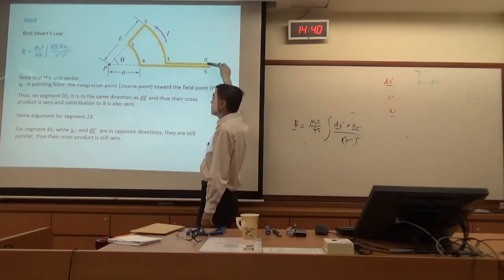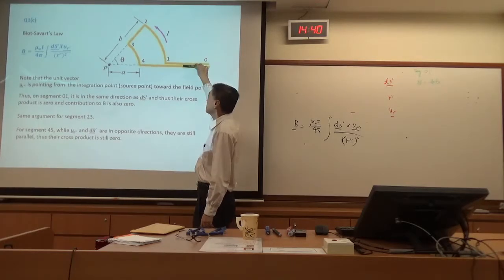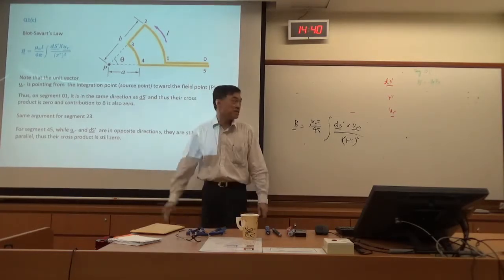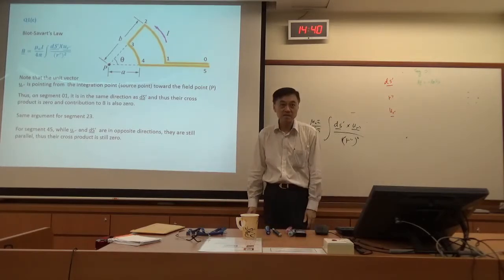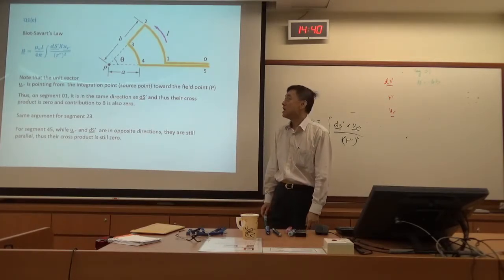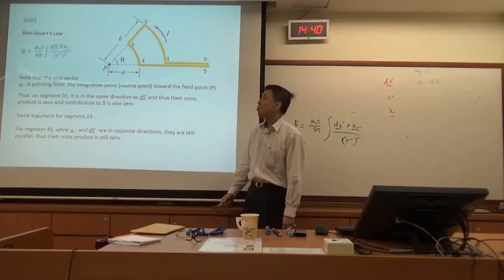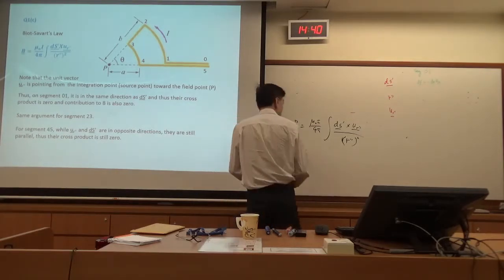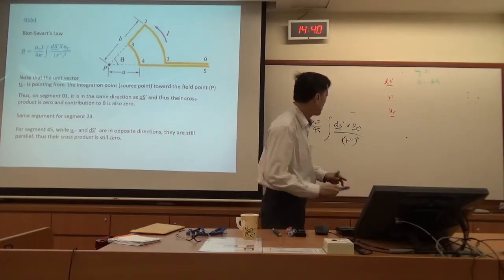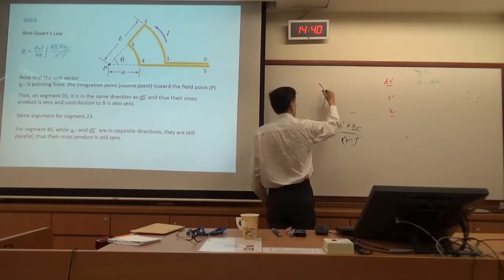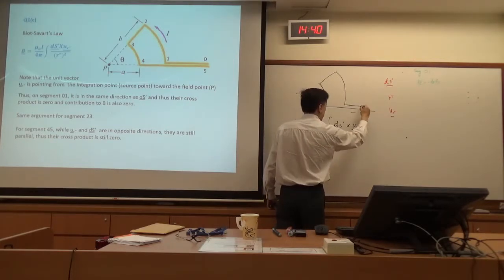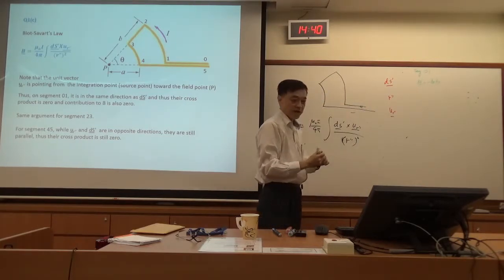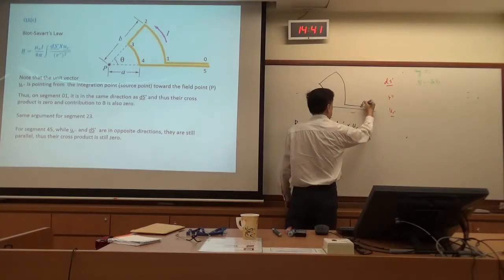Segment 0 to 1, the current is going this way. It is in the x direction, so ds double prime equals minus dx ux. Let me draw it. I take this segment here, so this segment is equal to minus dx ux.